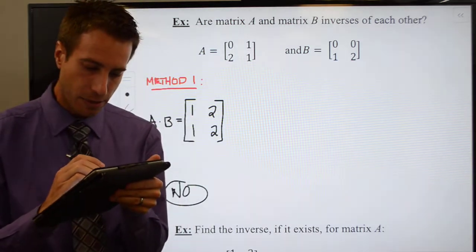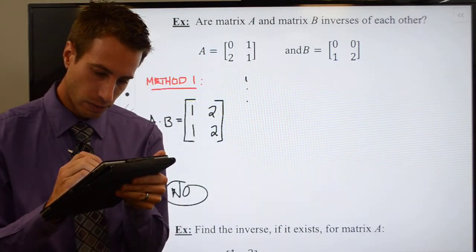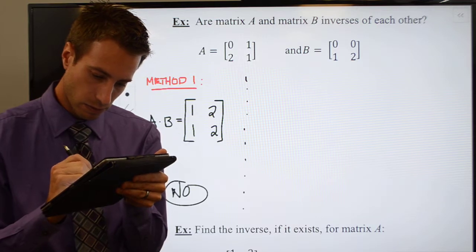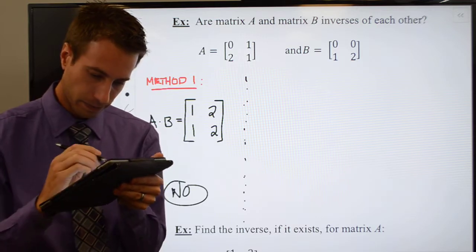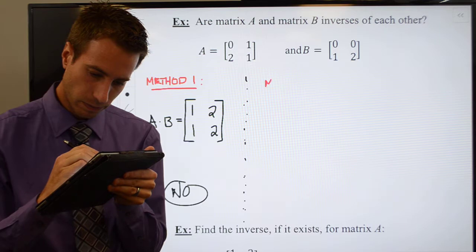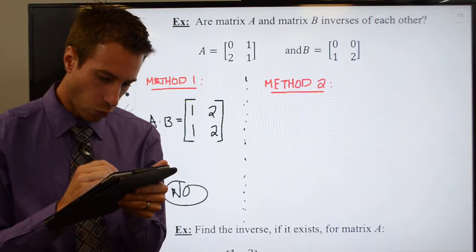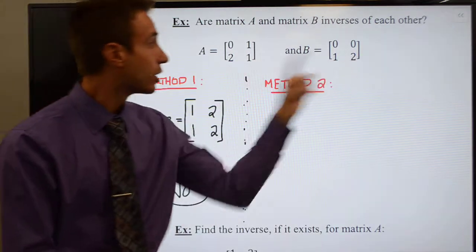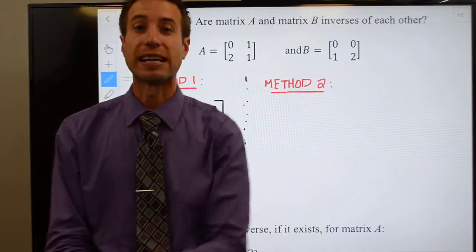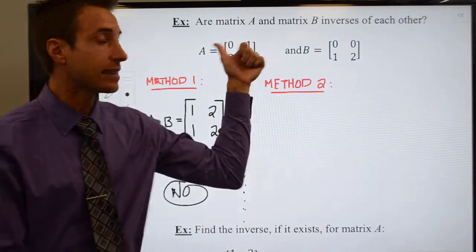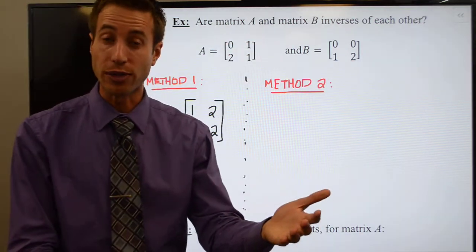But here's method number 2. What I do is pick one of the matrices and find its inverse. If I get the other matrix, I know that they're inverses.